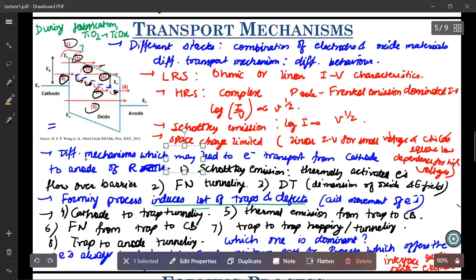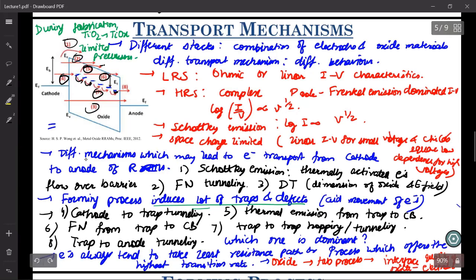So during fabrication, if you use limited precursors, you'll also end up having some amount of traps and defects. This kind of thing will lead to a forming free device. I mean, if you already have a lot of defects or traps in your device, then you need not apply very high voltage to induce soft breakdown. You reduce the forming voltage, and in some cases, it also may lead to forming free devices.